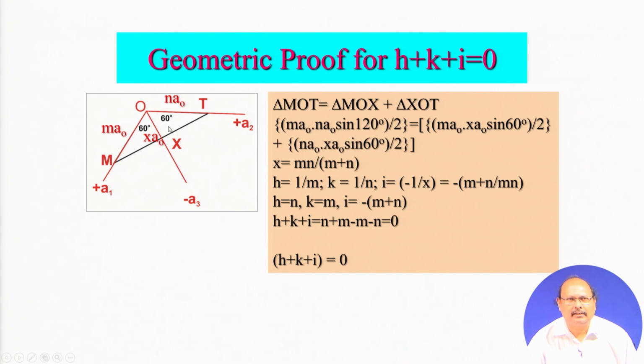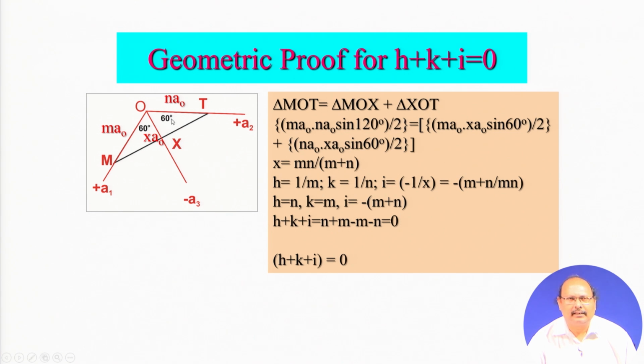What is this equality? The area of the triangle OMT can be divided into 2 sub parts, the OMX triangle and the OTX triangle. The total area of OMT will be equal to the area of OMX plus the area of OTX.